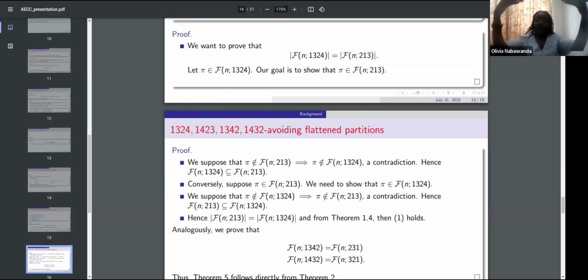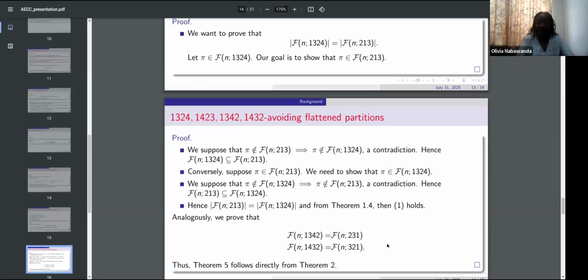And now when we recall our bijection between the 213 and 312 avoiding flattened partitions, that would mean that all these four sets, the 213, the 312, 1423, and the 1324, have the same counting sequence, and that is a power of 2.